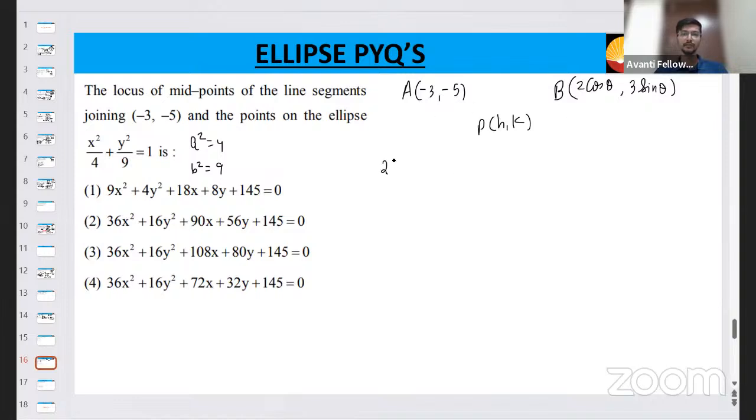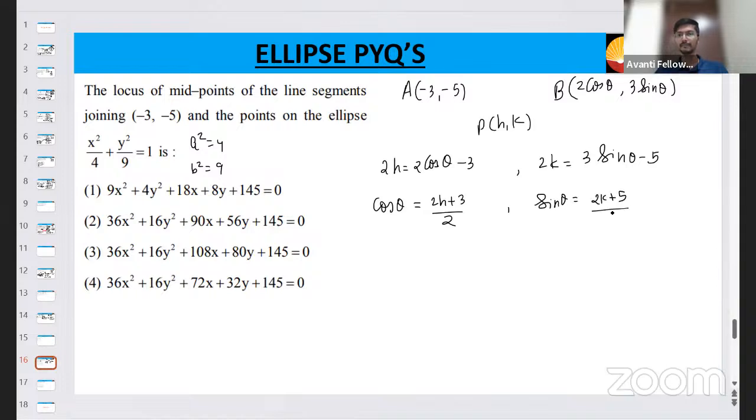So I can write 2h is equal to 2 cos theta minus 3, and 2k is equal to 3 sin theta minus 5. So from here, cos theta will be equal to (2h plus 3) by 2 and sin theta will be equal to (2k plus 5) by 3. We know that cos square theta plus sin square theta equals 1.